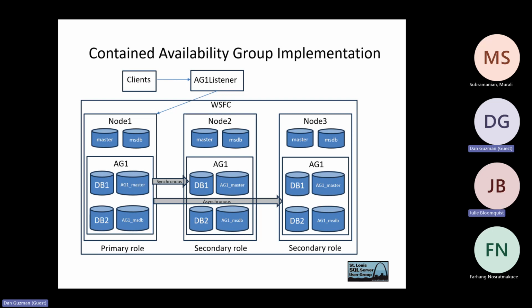But you needed to do all this because you were manually creating the database on the secondary nodes to do a join only into the contained availability group.